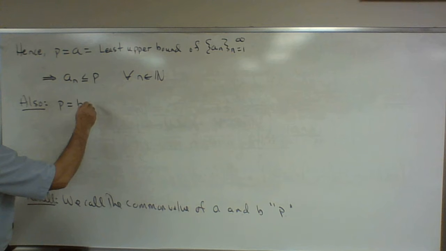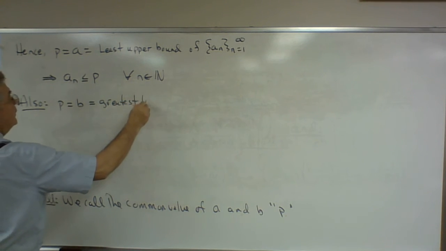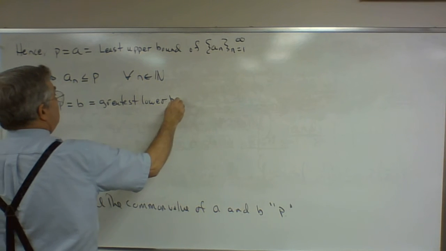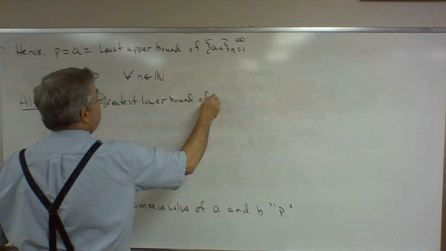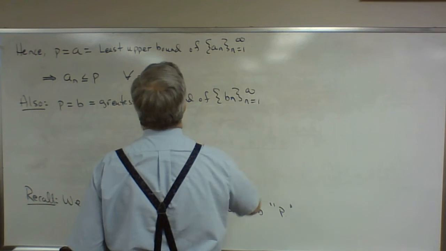P is equal to b, which is the greatest lower bound of the sequence of right endpoints b sub n.